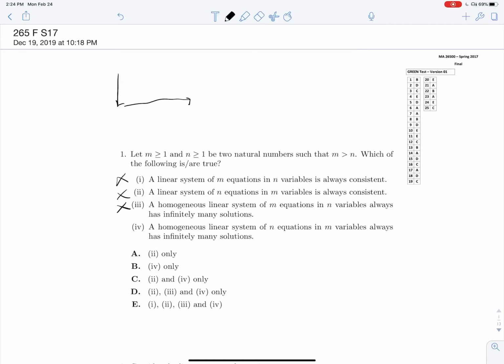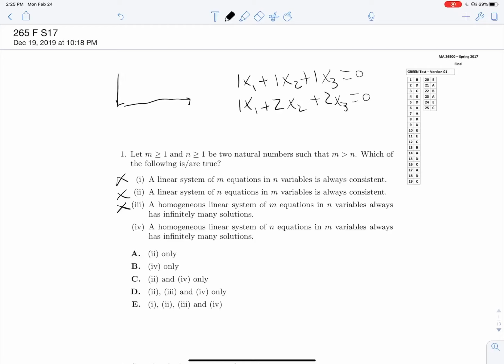How about 1x1 plus 1x2 plus 1x3 is equal to 0, and 1x1 plus 2x2 plus 2x3 is equal to 0. Well, in this case, this is actually true.